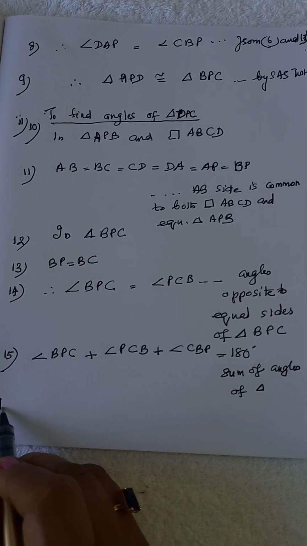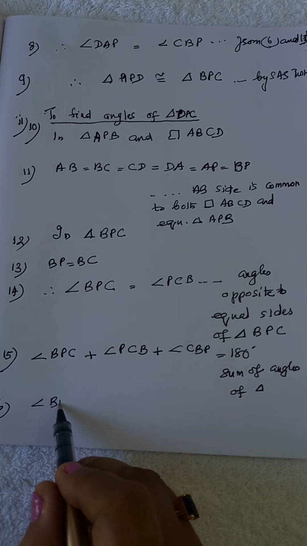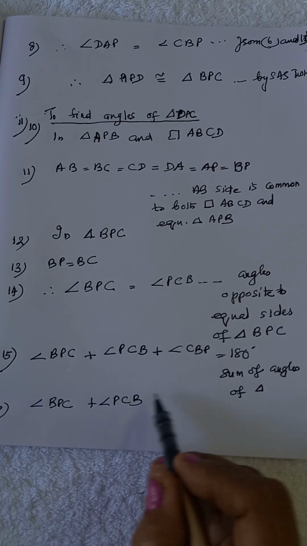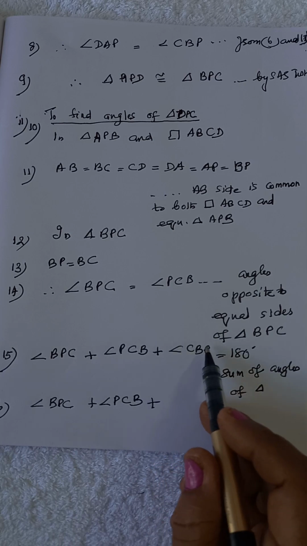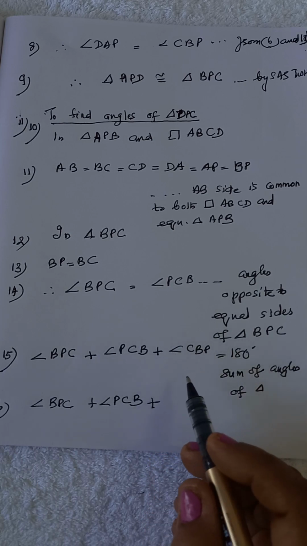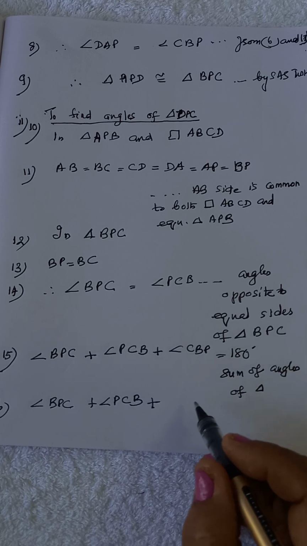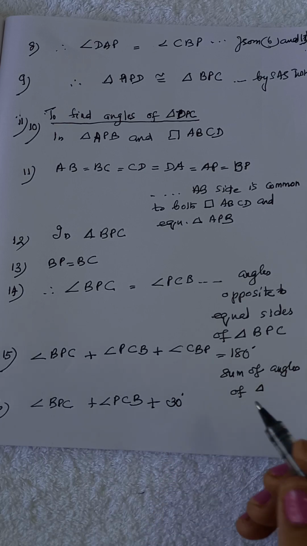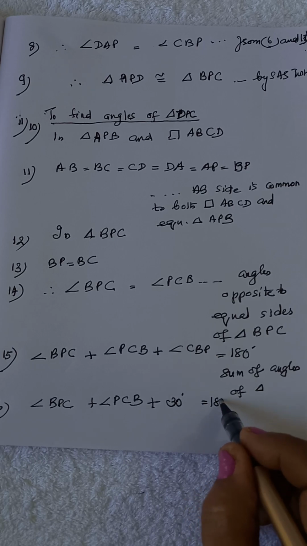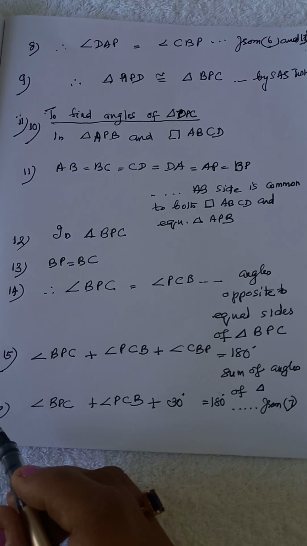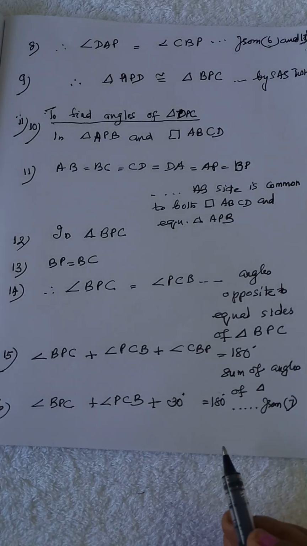Now 16th point, angle BPC plus angle PCB plus angle CBP. From point 7, angle CBP is 30 degree. We can substitute that here, that is equal to 180 degree. So here we can write reason as from 7. This is 7th point. So the 16th point is this.